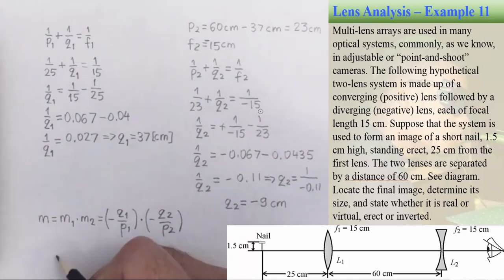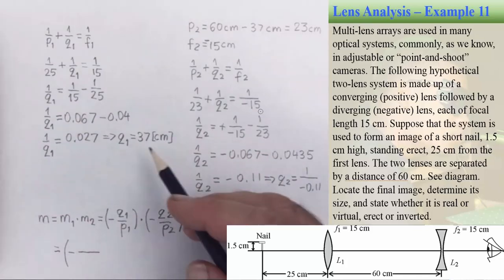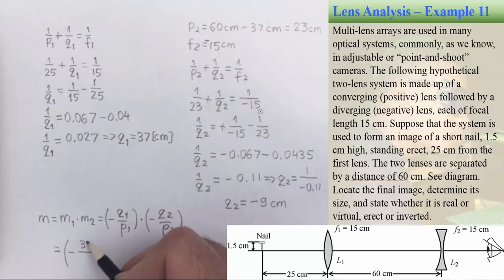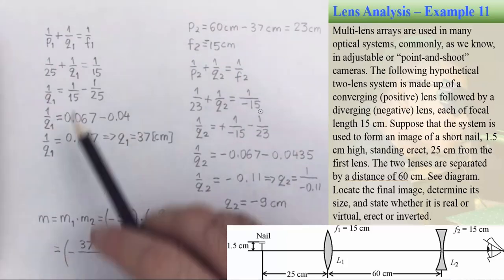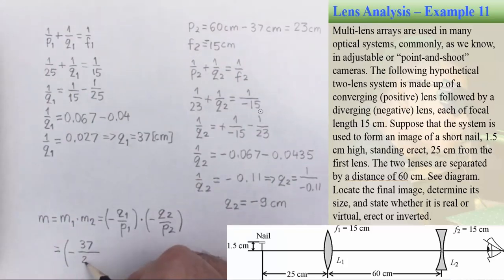So here we can substitute for the values. You have to just be careful with all these different signs. So for the Q1 we calculated 37 centimeters. The P1 was also positive, equal to 25, and then times negative sign, Q2 being negative 9, and then the P2 being 23.